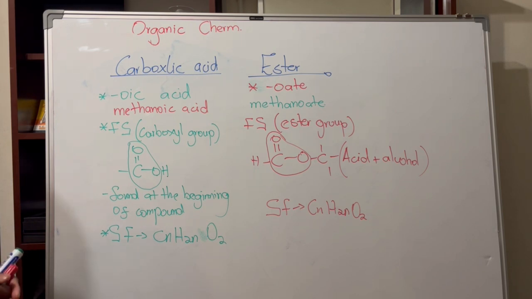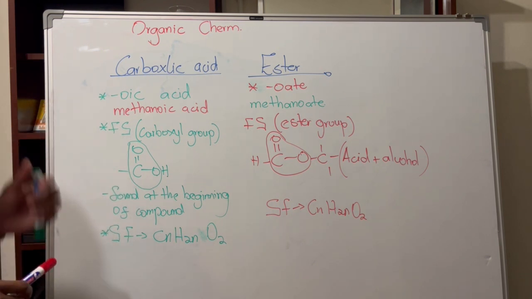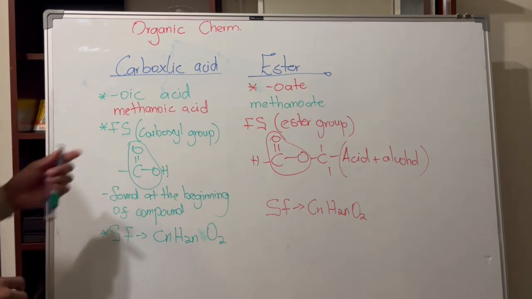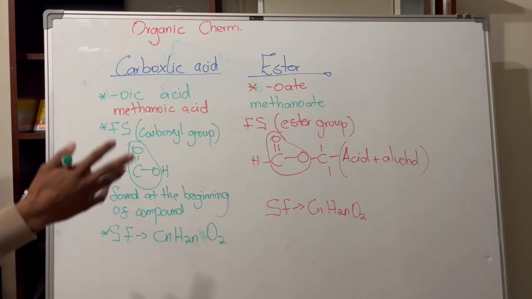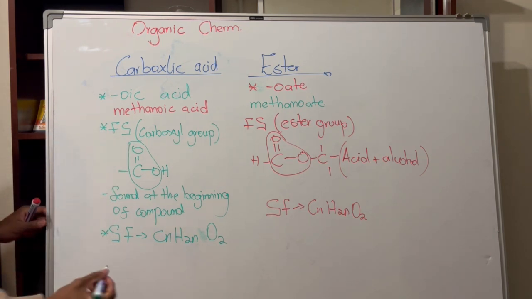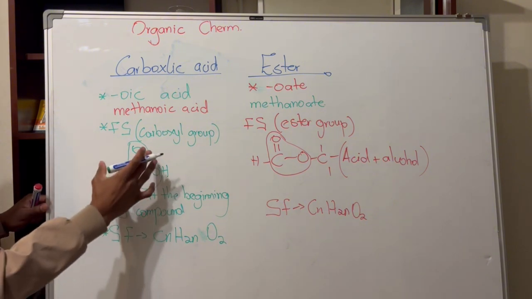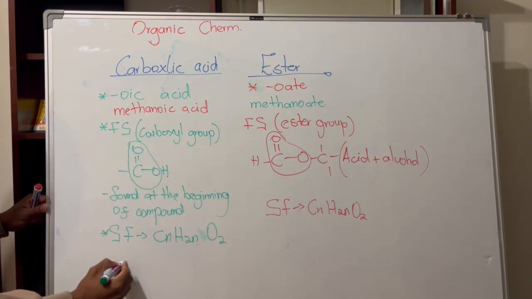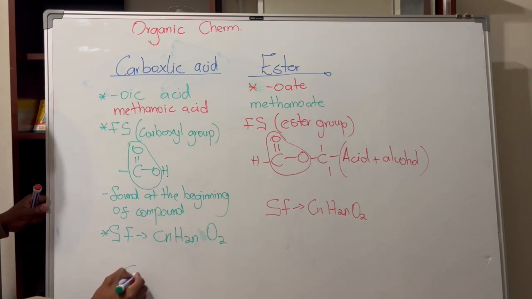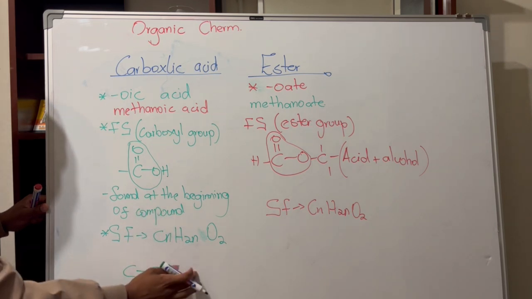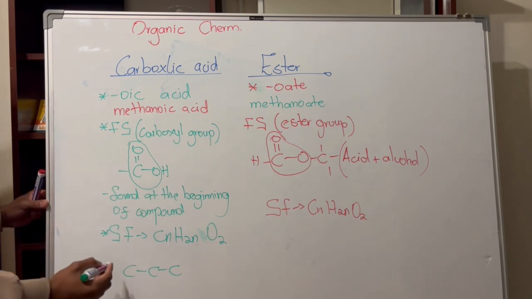Ne? So what else am I leaving here? So we talked about the suffix, an example. So let's just draw a structure of maybe 3 compounds. So remember that the carboxylic acid is always at the beginning. So 1, 2, 3. It can be here, that would be the beginning.